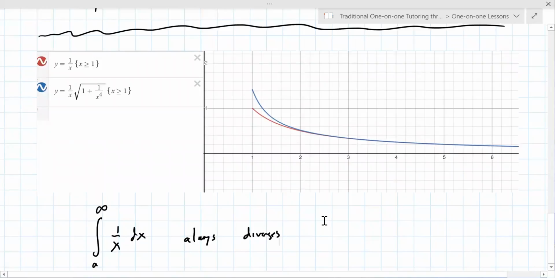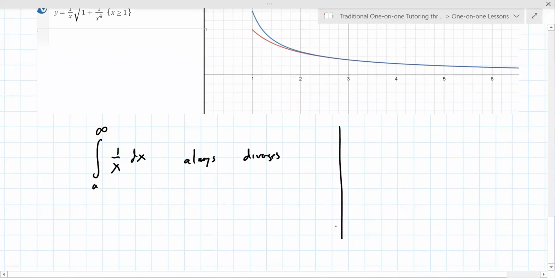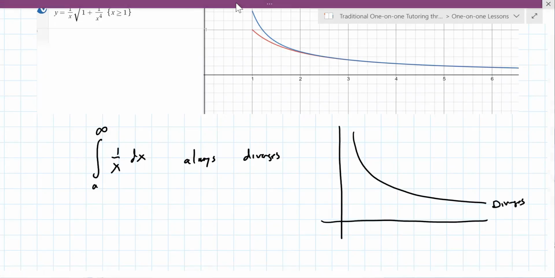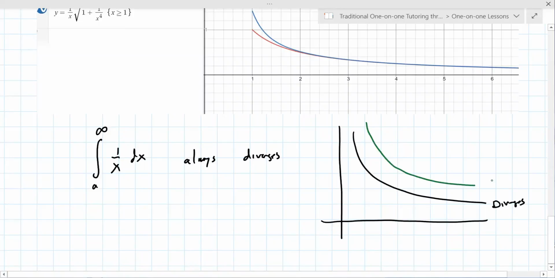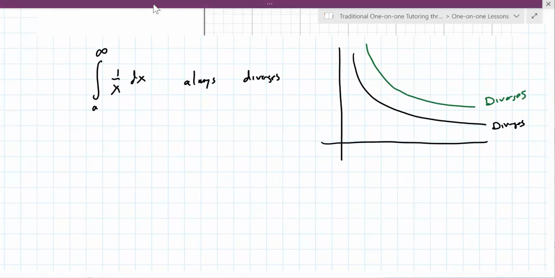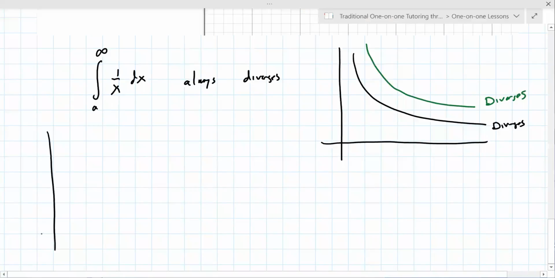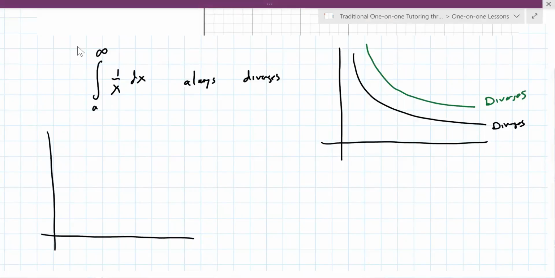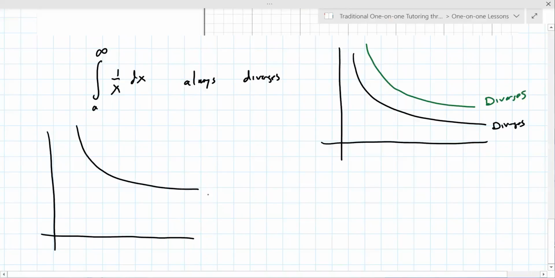If I give you a curve and say this one diverges, then any curve above it also diverges. Is it different if it's below it? It's unknown at the moment. Then let me draw the other scenario, where I give you a curve and tell you this thing converges.